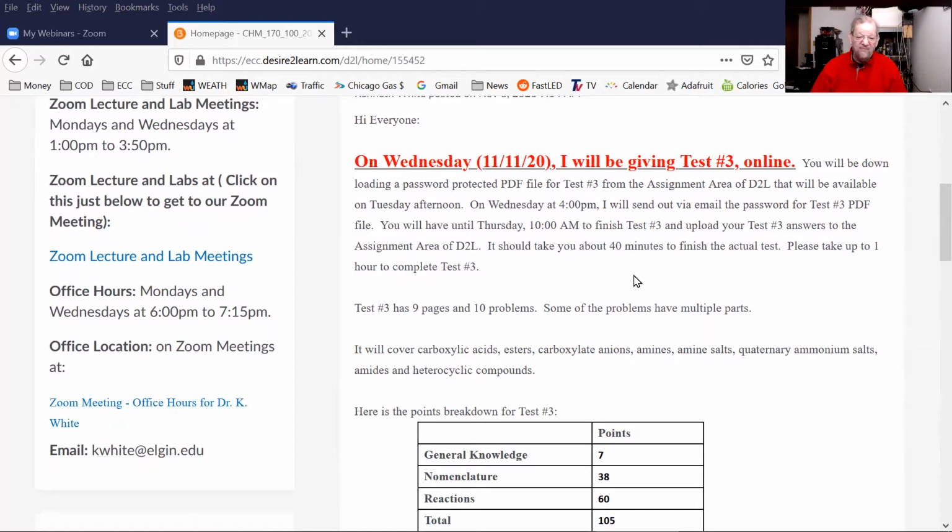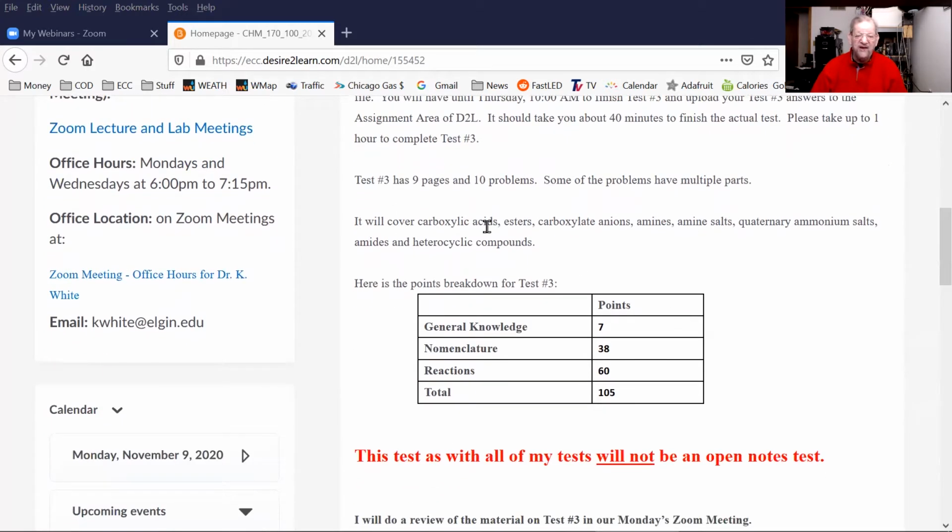But let me tell you, test 3 has 9 pages, 10 problems. Some of the problems are multiple part. I have never, ever in Chem 170 used multiple choice. It will cover carboxylic acids, esters, carboxylate anions, amines, amine salts, quaternary ammonium salts, amides, and heterocyclic compounds.